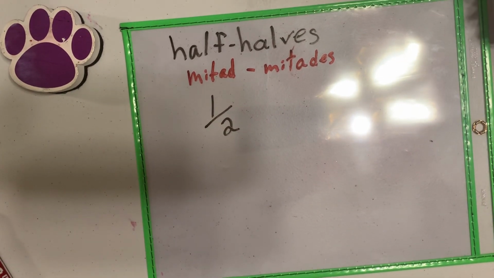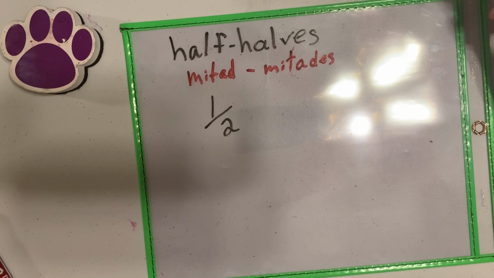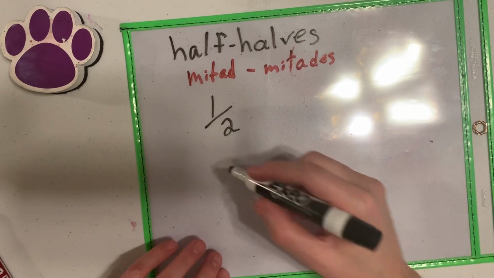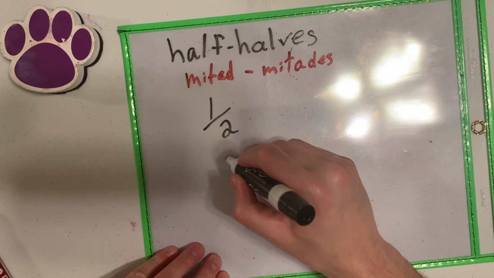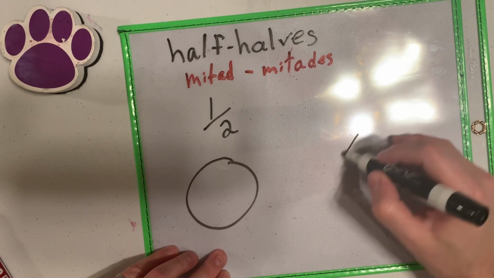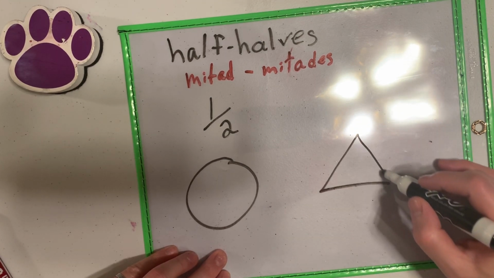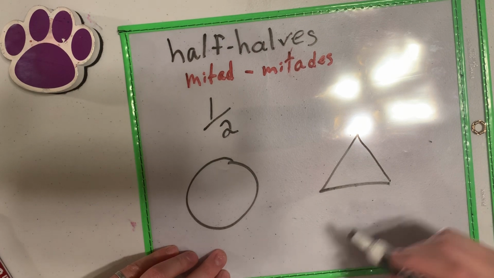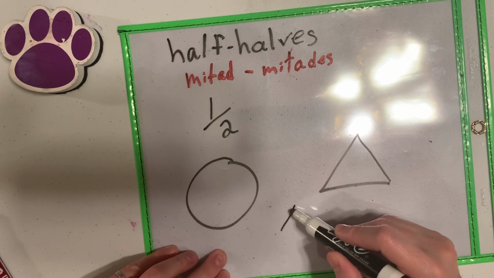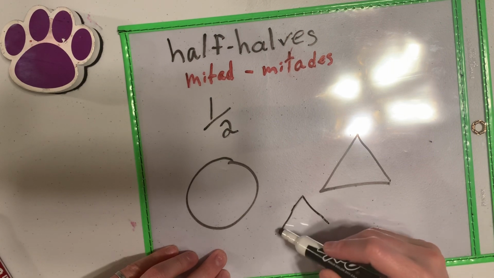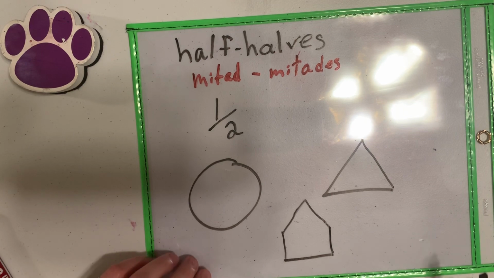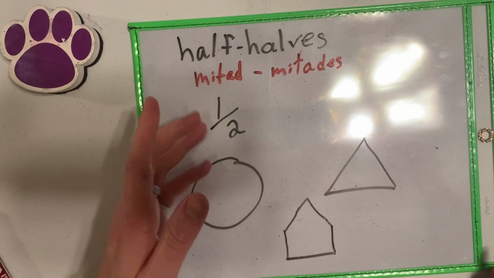Now, we're going to divide different shapes into parts. I'm going to divide a circle, a triangle, and also a pentagon in half. Remember, when we divide in half, es por la mitad.